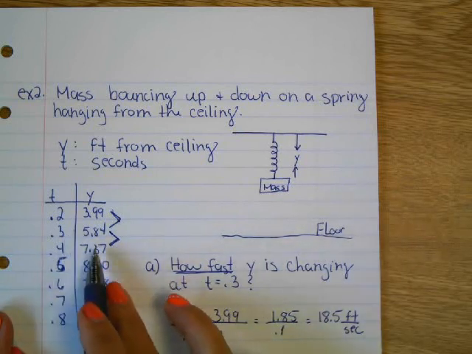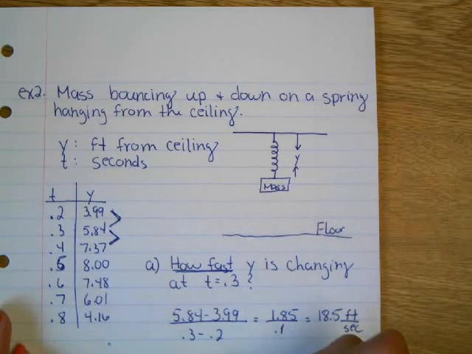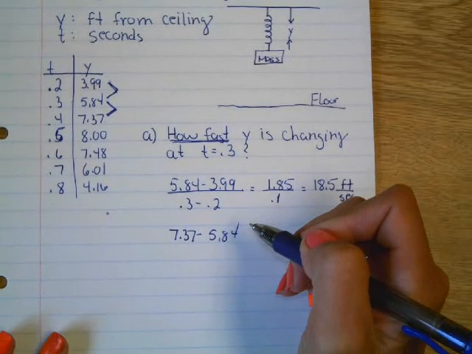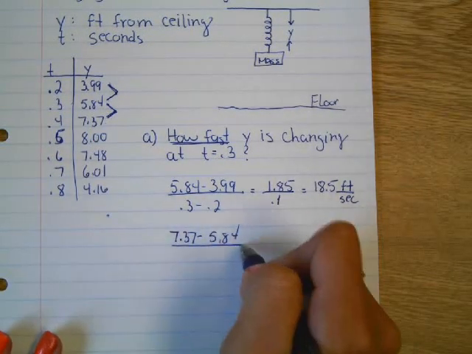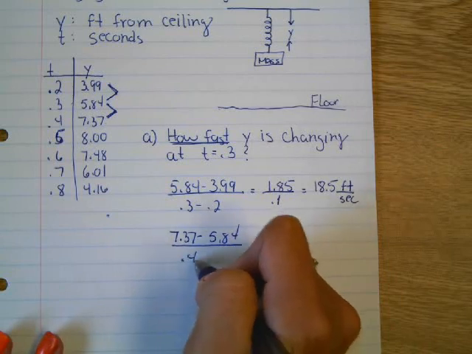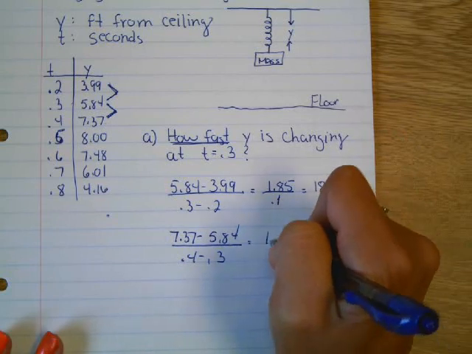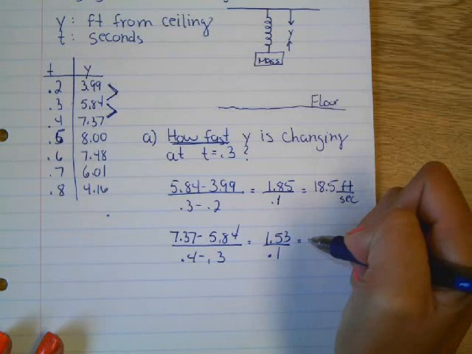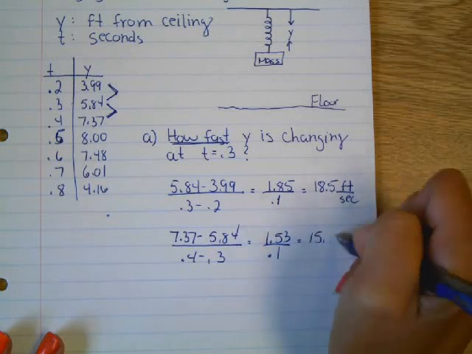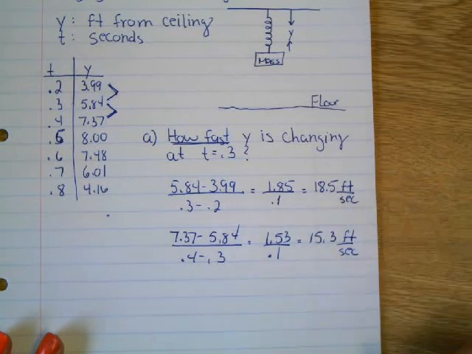Now, from the 0.3 to the 0.4, I'm going to go 7.37 minus the 5.84 over the 0.4 minus 0.3, which is going to give me 1.53 over 0.1, and that will be 15.3 feet per second.